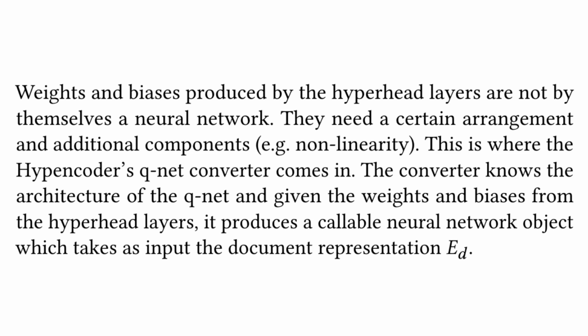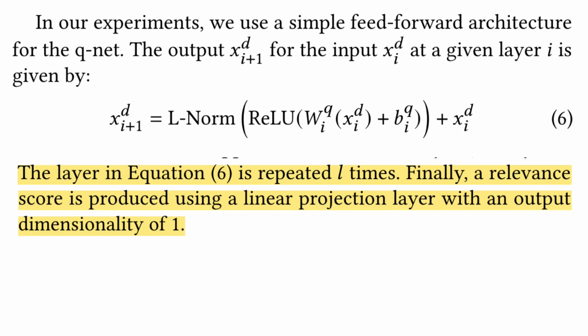The converter knows the architecture of the QNet, and given the weights and biases from the hyperhead layers, it produces a callable neural network object, which takes as input the document representation E sub d, and then outputs a single float relevance score. In their experiments, they use a simple feed-forward architecture for the QNet.